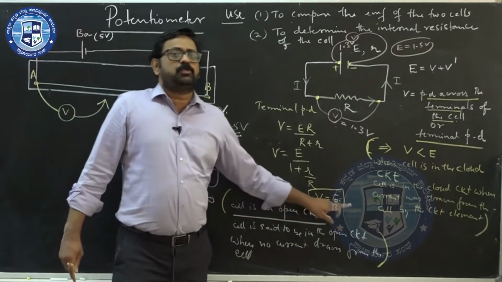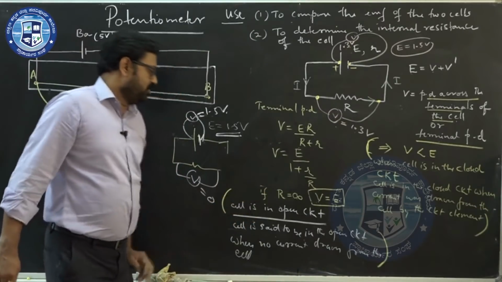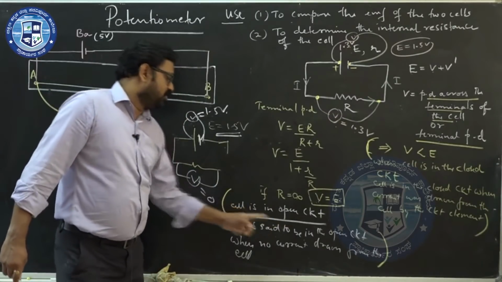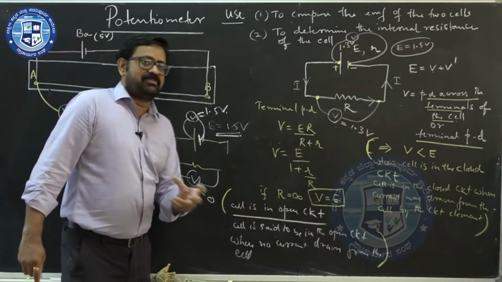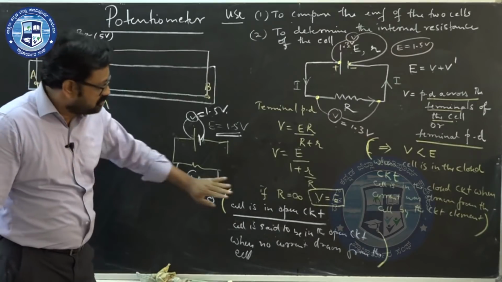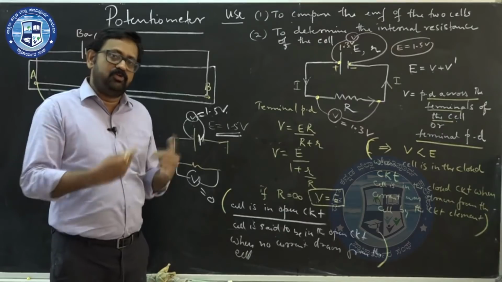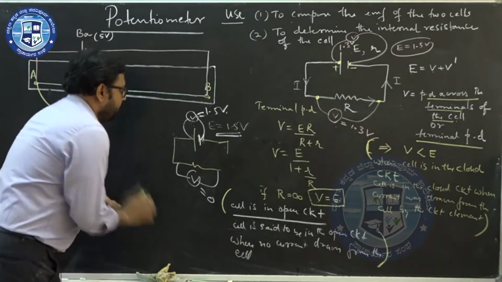Terminal potential difference will be equal to the EMF of the cell when the cell is in the open circuit. A cell is said to be in the open circuit when no current is drawn from the cell by the circuit elements. I think you understood this. Especially these 2 points you need to remember, that I am going to use in my discussion. Okay? Fine.